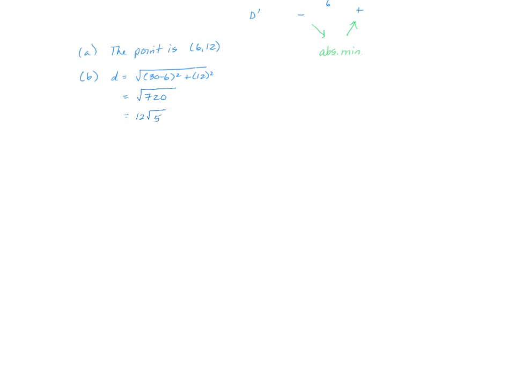So that would be the minimum distance. It would be 12 square root of 5, and I don't have any units, so I'm just going to put the distances. Square root of 5. If you want to put the word units at the end, that's fine too. Alright, so that's it for 4.4.